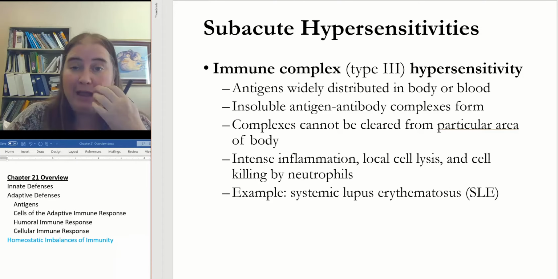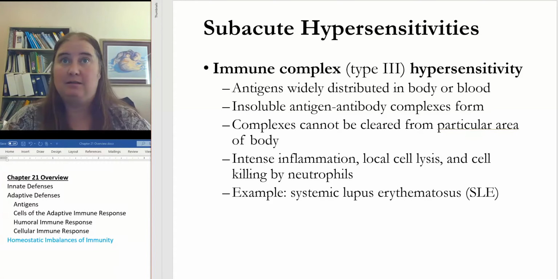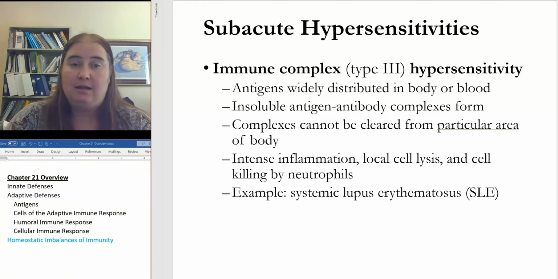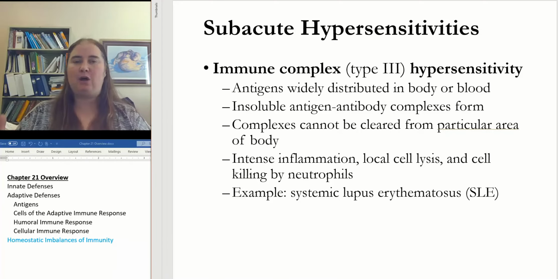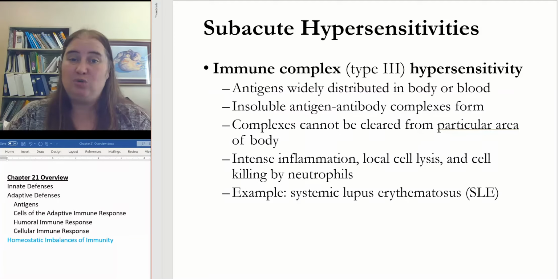We also have immune complex type 3 hypersensitivities. Okay. These are antigens that are widely distributed in our body or blood. They form insoluble antigen antibody complexes, and what happens is these complexes then deposit themselves in our tissues. Okay.